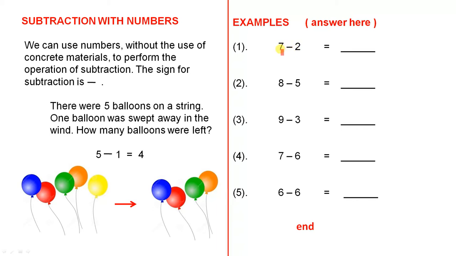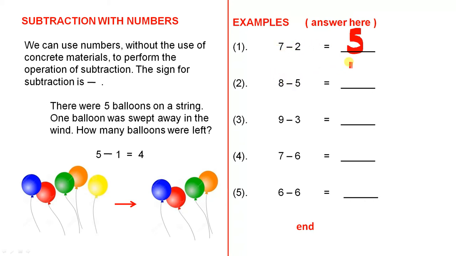Or, if you're now 7, how old were you 2 years ago? Anything like that will do, and you'll soon work out that the answer's 5. The way to check that that is correct, put your pencil on the 5, if that was a number line. Count 2 places to the right. 6, 7. You counted 2 places to the right, and you end up with that number. So that checks that you're correct.